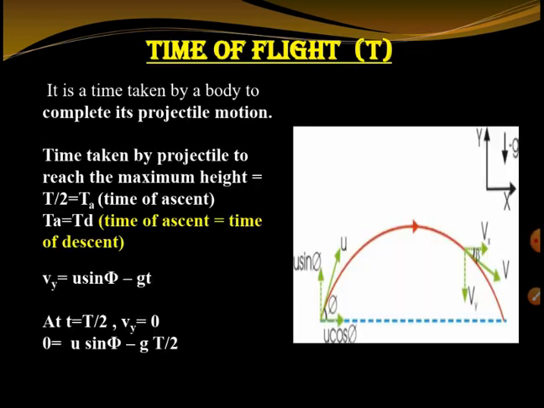Okay, now let's see the time of flight. How will you define time of flight? It is the time taken by the projectile to strike a horizontal plane, from its time of projection to the time when it strikes the horizontal ground.